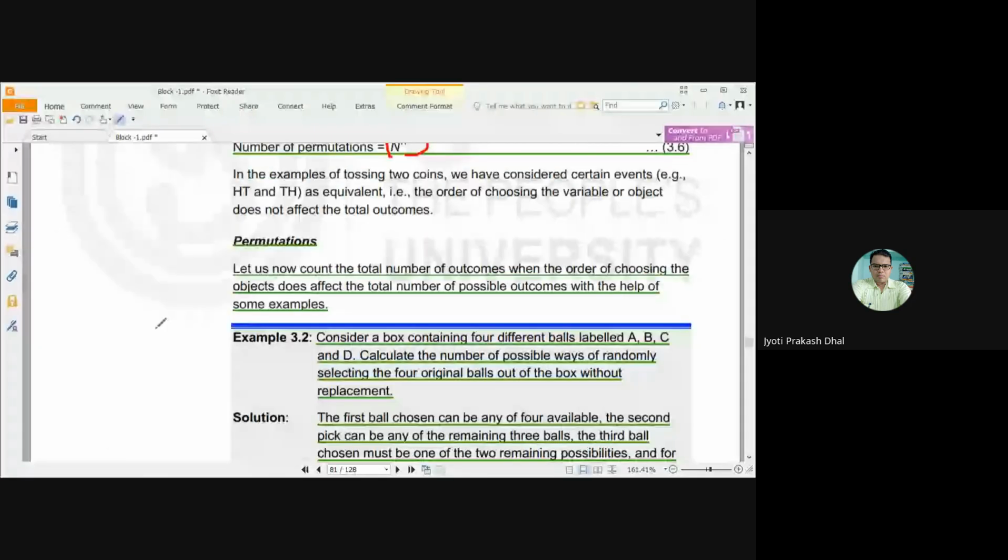We'll discuss an example. Now coming to the permutations.